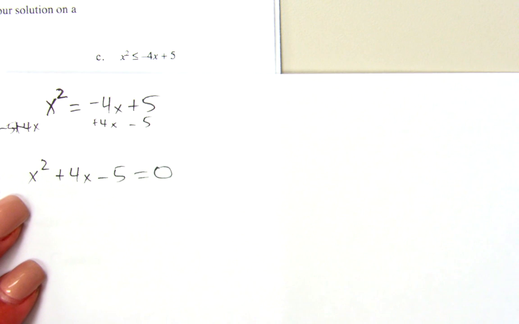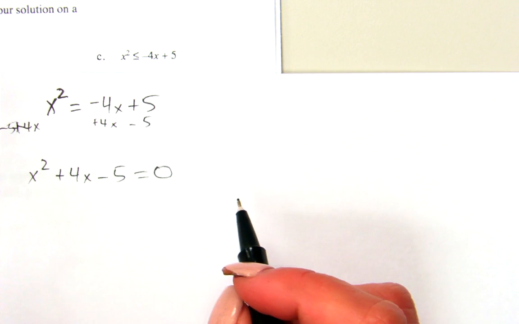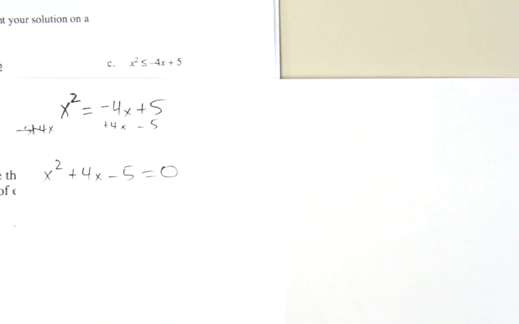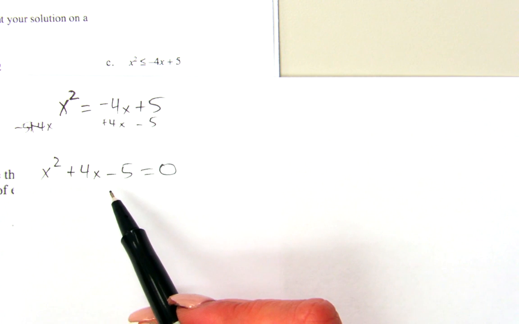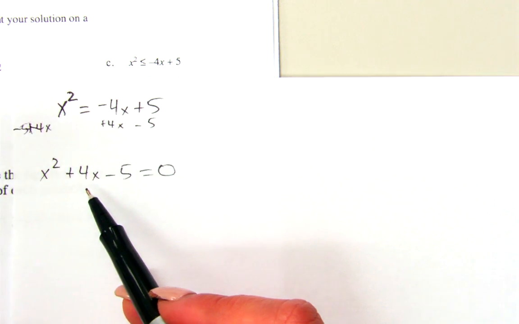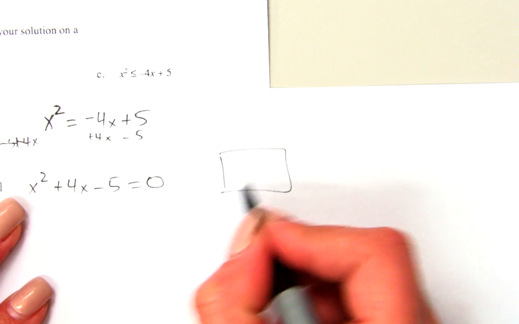And then we need to solve this. Now, you can use the quadratic formula, you can use complete the square, you can use factoring. The only problem is on factoring, I can't think of anything that'll multiply to negative 5. Wait, no, that actually works. Factoring works really well.